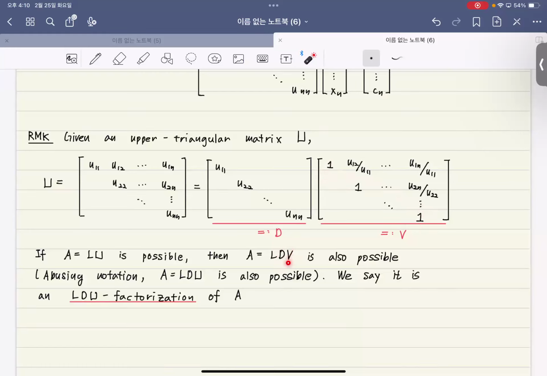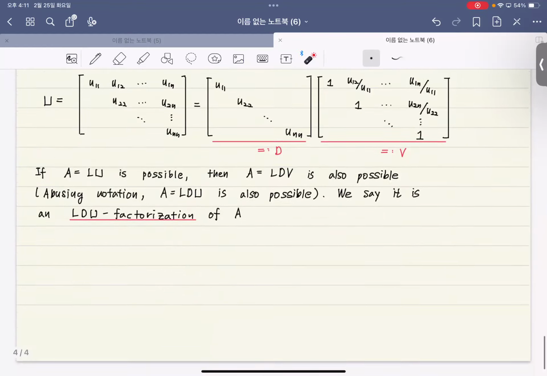And times some other diagonal matrix D. So this factorization is also possible, as long as I have n non-zero pivots on this upper triangular matrix U. Sometimes we abuse the notation and say this is an LDU factorization because V is clearly an upper triangular matrix. So instead of using the letter V, we prefer to use the letter U. So we say this is an LDU factorization. So this is what I mean by LDU factorization.